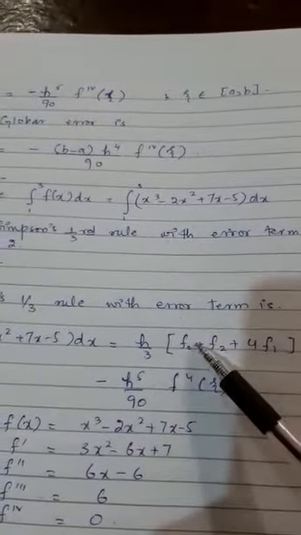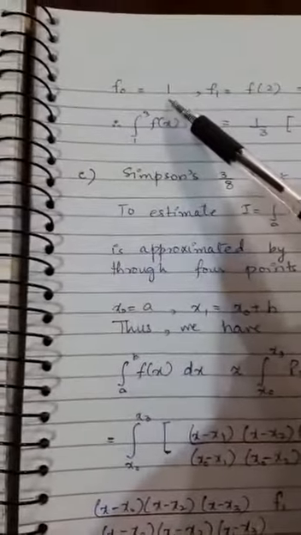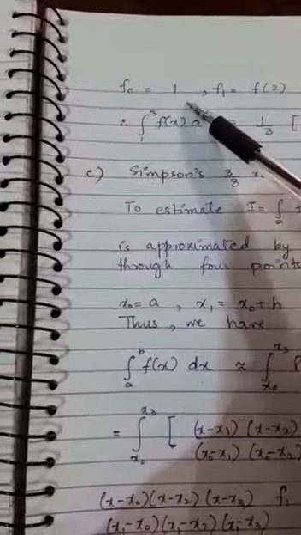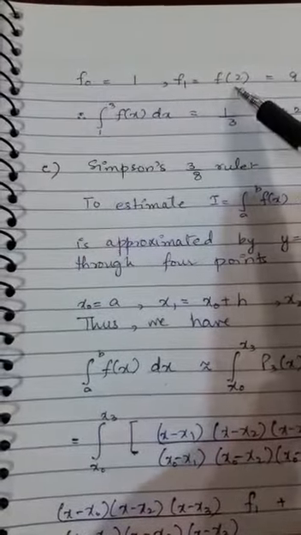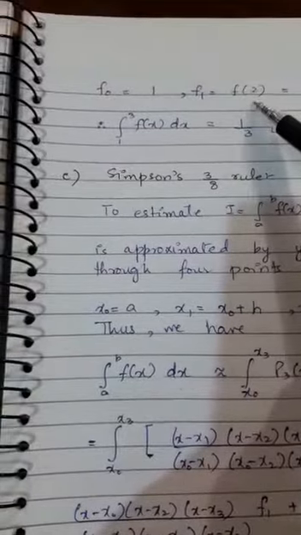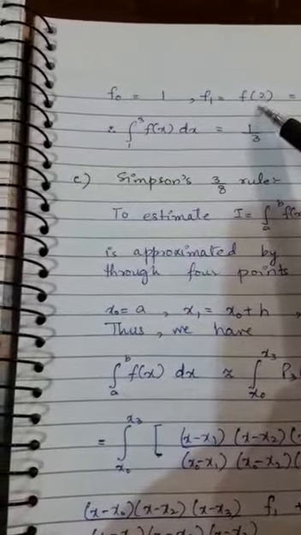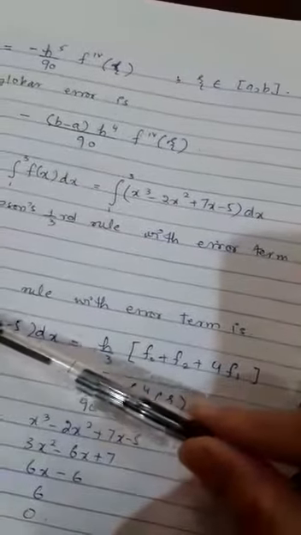So we are just going to find these values f naught, f1 and f2. In this case, f naught would be 1. When you put in the values, the first point would be 1, and the second point would be 2. How have I calculated it? Because the difference would be h, with step size 1: 1, 2, and then 3.